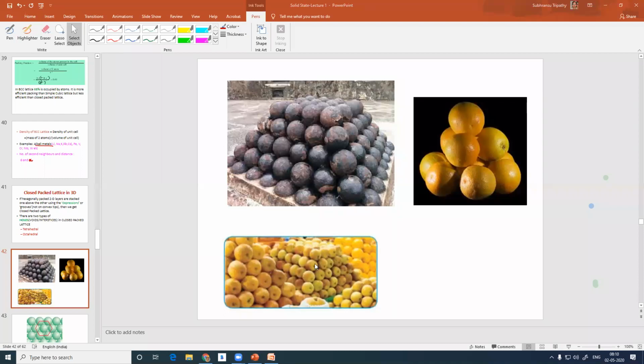You cannot keep oranges or any other spherical things over the convex tips. They will fall down, but you can keep them in a stable form, right? Now see, just have a look.